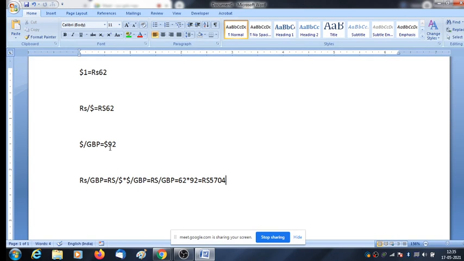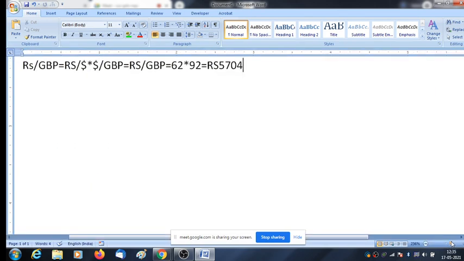Up to this, is it clear or not? Yes, sir. Let me zoom out. Can you see the screen? We need rupees per GBP, means GBP in terms of rupees.